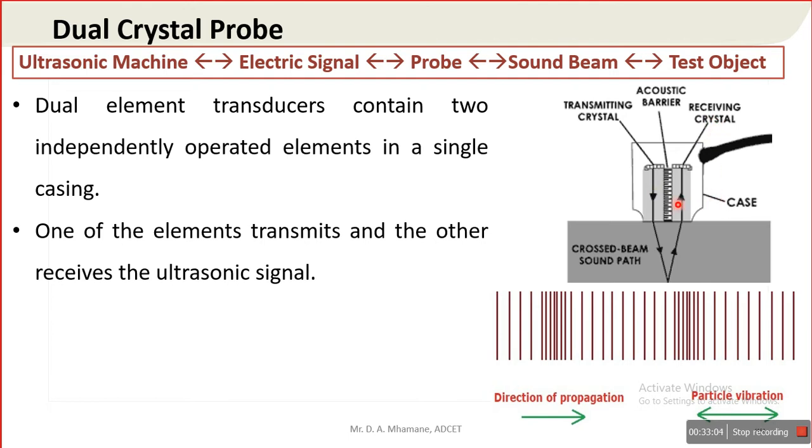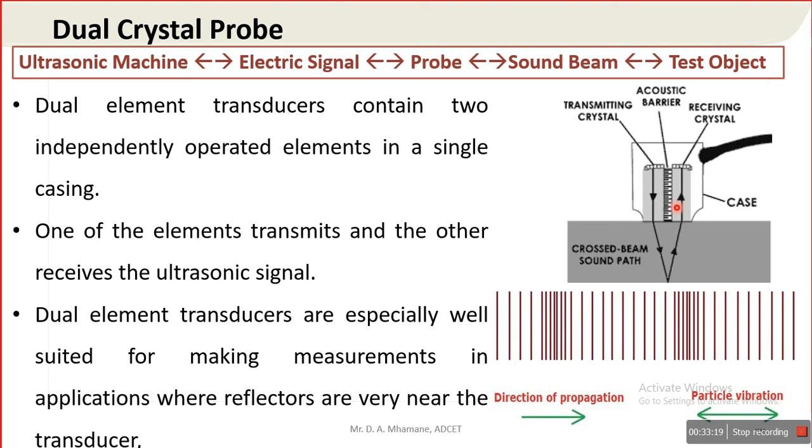This is the casing. One is responsible for transmitting and the other is responsible for receiving. One acoustic barrier is present in between the two crystals. Dual element transducers are especially well suited for making measurements in applications where reflectors are very near to the transducer.